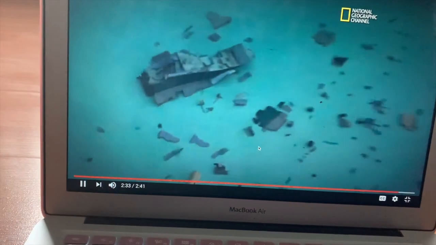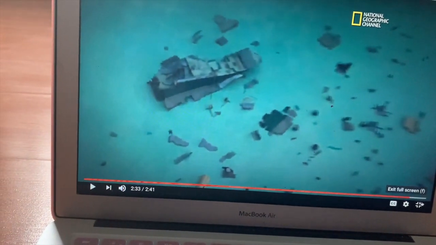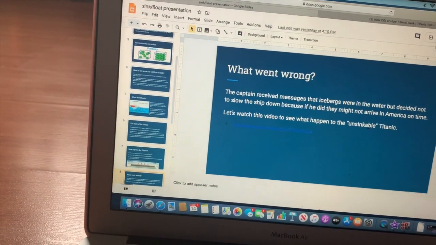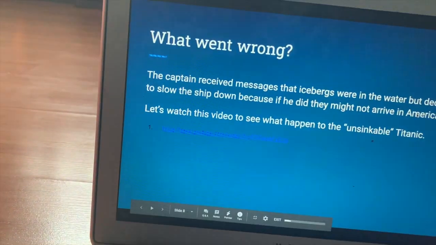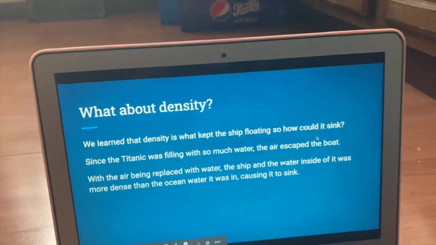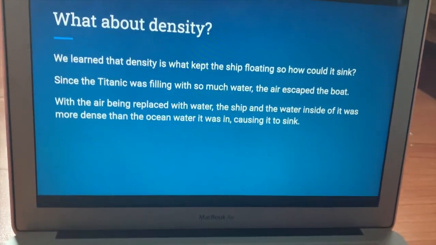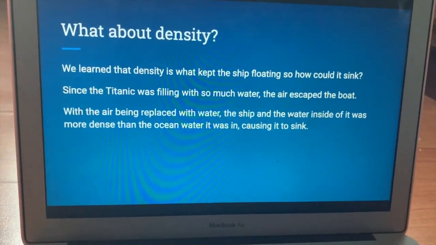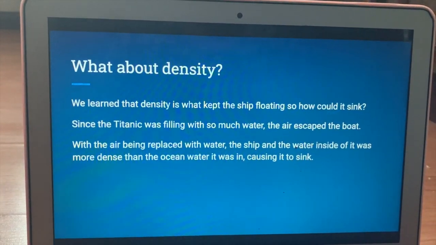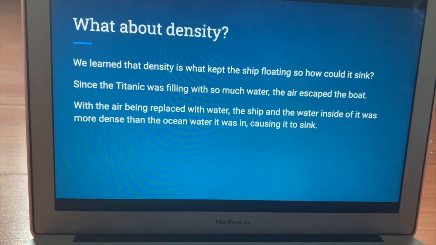Okay, so hopefully that helped you understand a little bit more about what happened with the Titanic. You're probably thinking, well, this boat should have had density, right? We just learned that boats have density, and that's what keeps them from sinking.